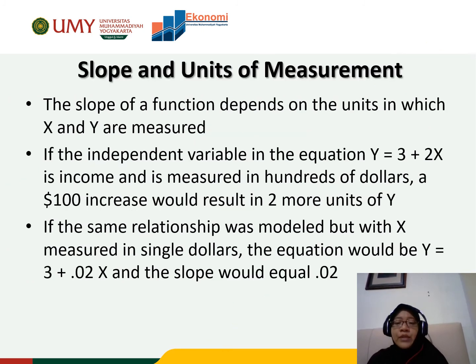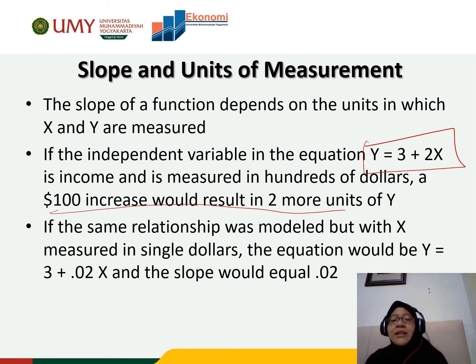Slope and unit of measurement. The slope of a function depends on the units in which x and y are measured. If the independent variable is income measured in $100, for example, a 100 increase would result in 2 more units of y.